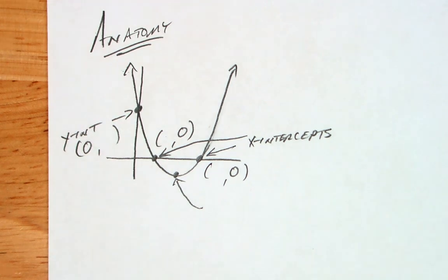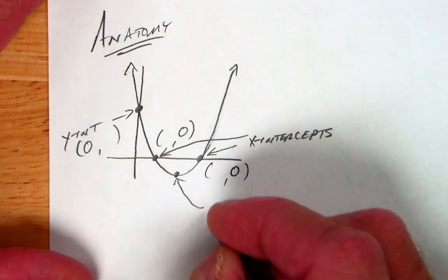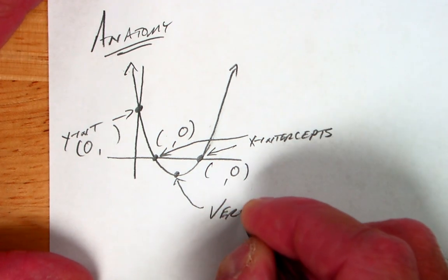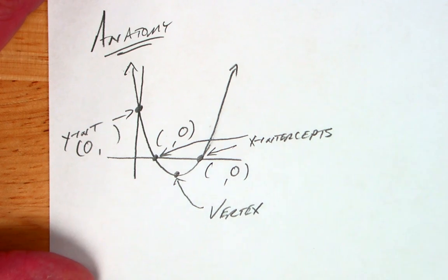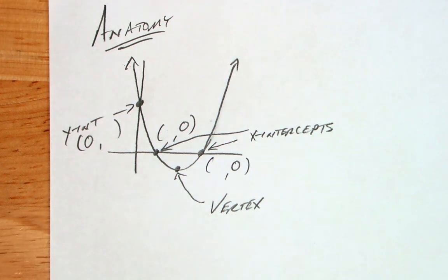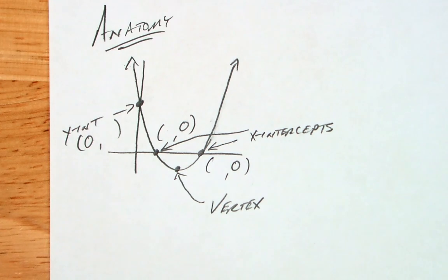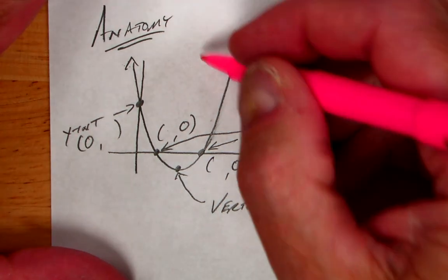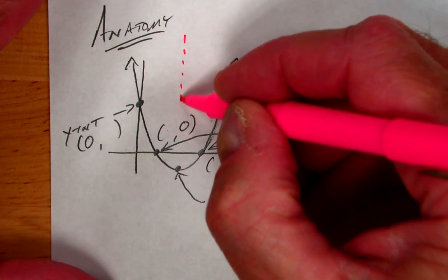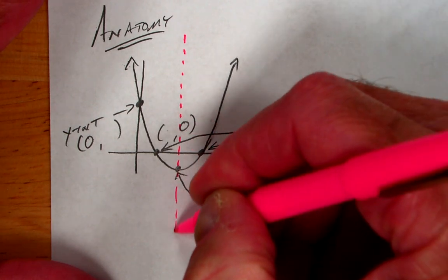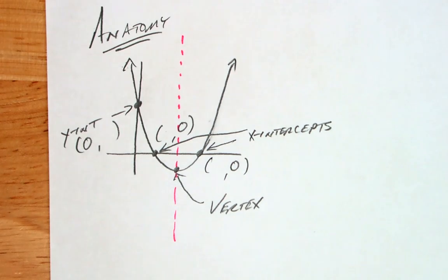It's sometimes a minimum, sometimes a maximum, but it's always called a vertex. Because sometimes my vertex represents a minimum point. Sometimes my vertex represents a maximum point. Okay? I'll teach you how to do that on Monday. But probably the most important part of a parabola is that line right there.